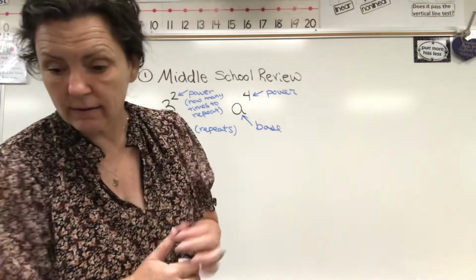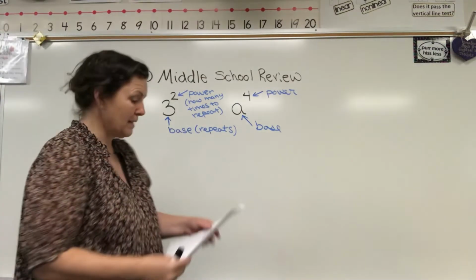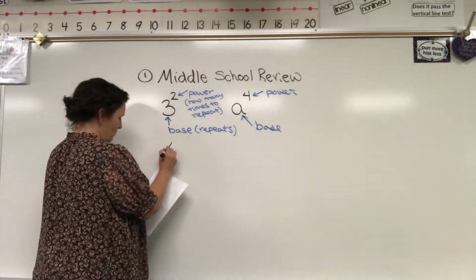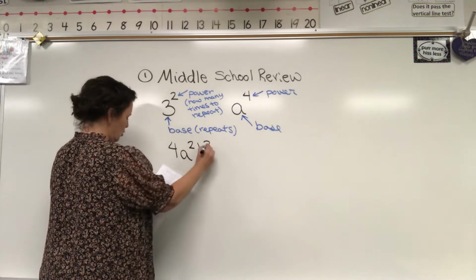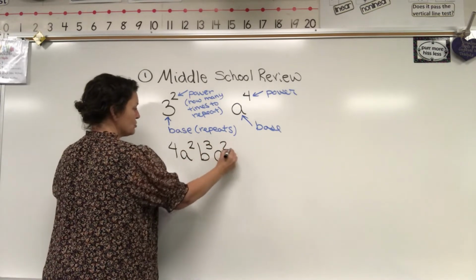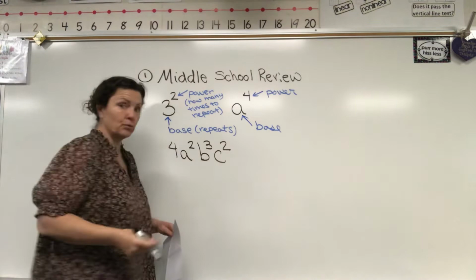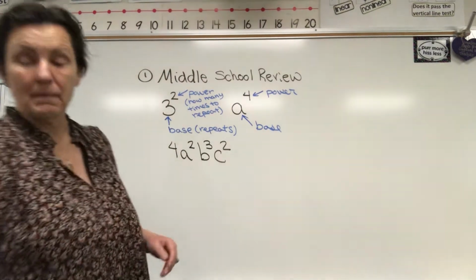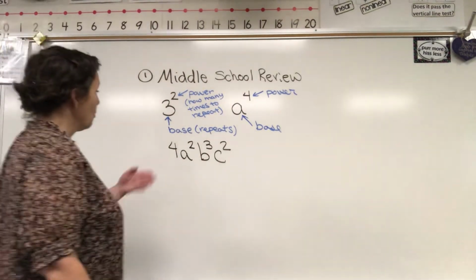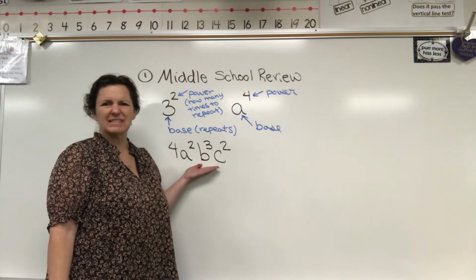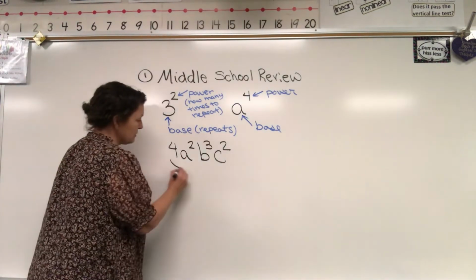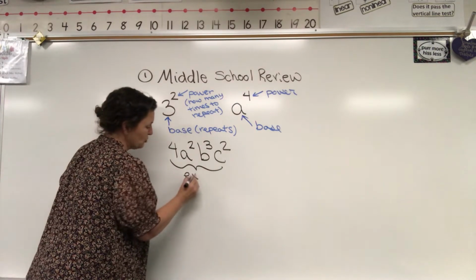Now, we're going to do the next part of box 1. Box 1, so it says, on my notes, I have 4a squared b cubed c squared. Now, this is a pretty big expression. We're going to talk about, well, what's really sitting here? Well, this thing right here is called exponential notation.